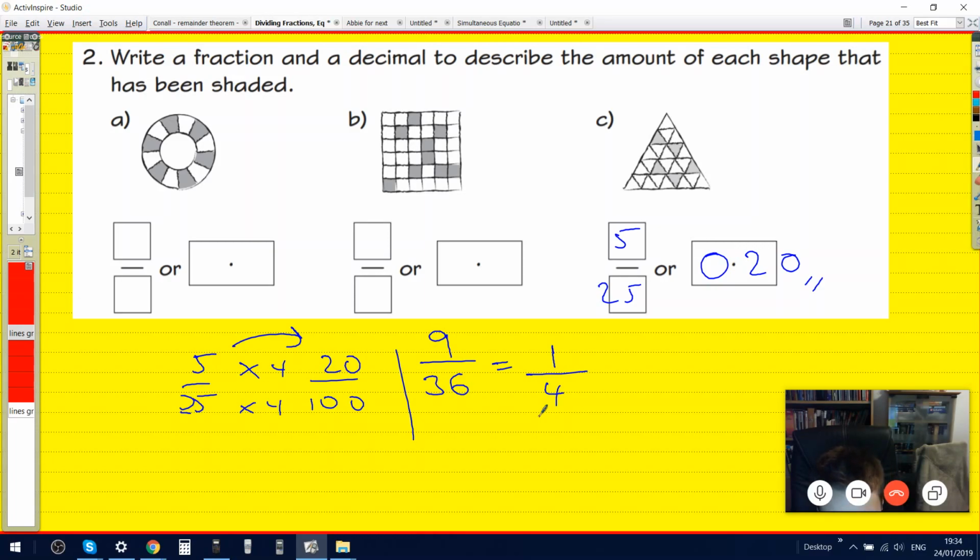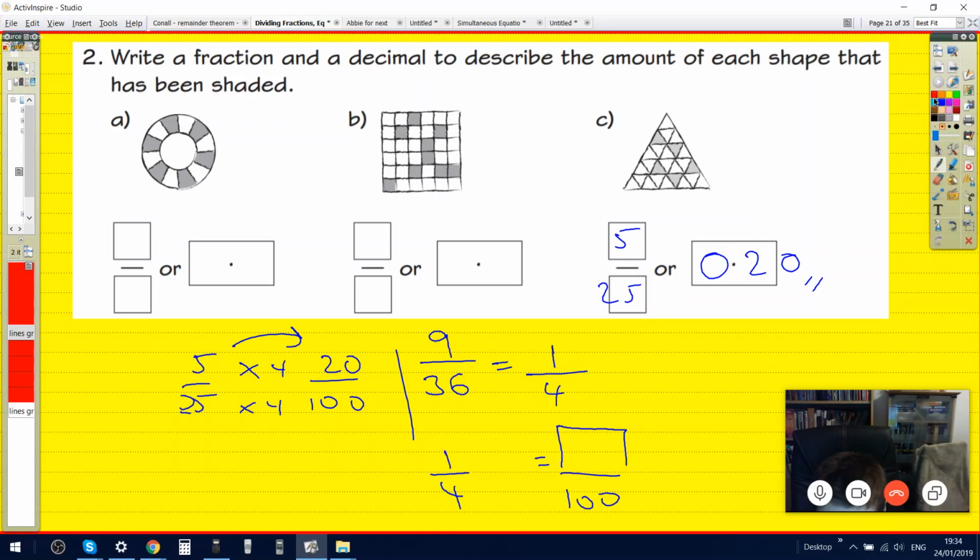So the decimal would be 0.1. Do you remember what a quarter is as a decimal? 0.20 or 0.2. That was a fifth. Okay, so what would a quarter be as something over 100? Something over 100.